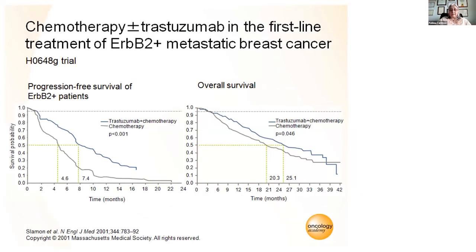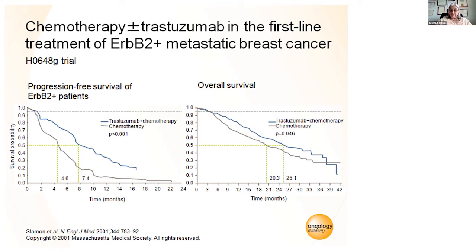So many years ago, I was still young at this time, the Trastuzumab trial is called one of the landmark trials, because HER2 positive breast cancer was one of the most aggressive subtypes. Cells grow very fast, the cells that have this receptor. And all we used to give was chemotherapy.